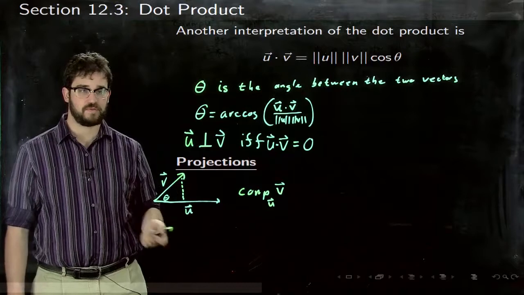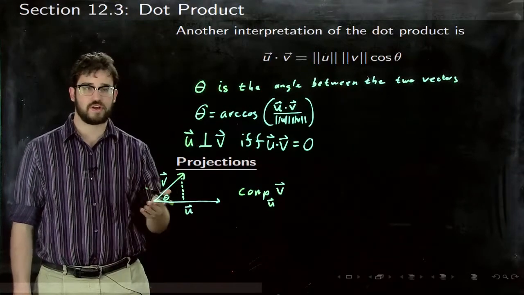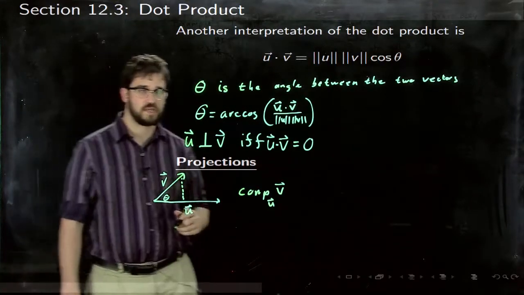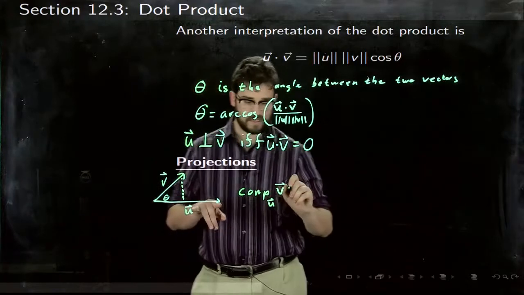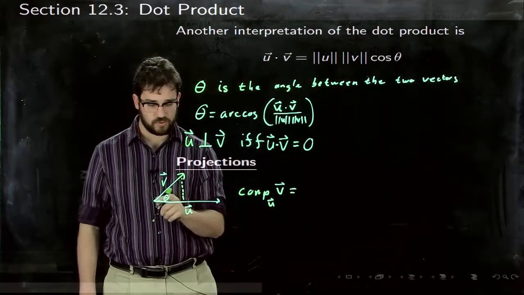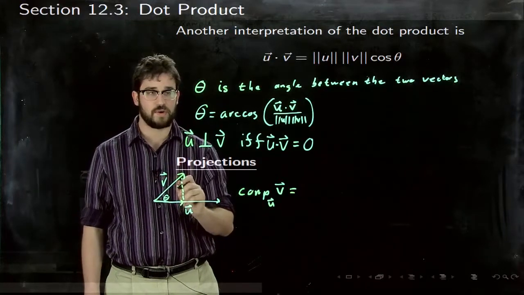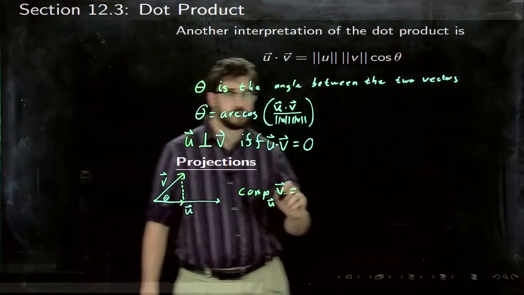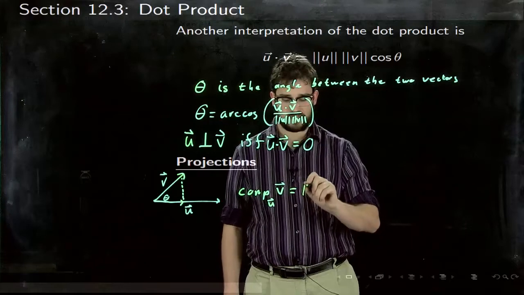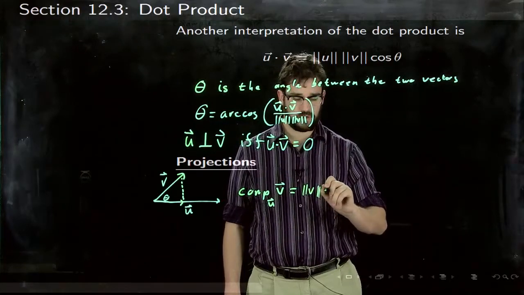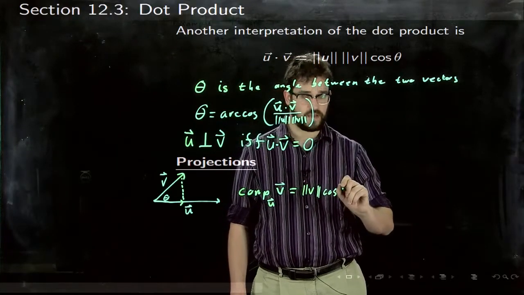So how would we be able to figure this out? Well, trigonometry tells us that, because we're looking at this part right here, this is going to be equal to the magnitude of v cosine of theta.